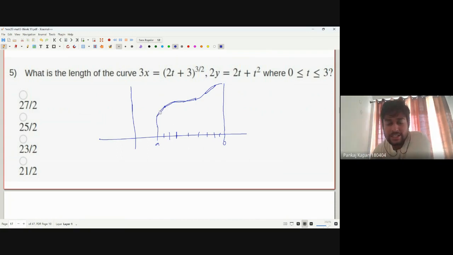So in the limiting case, when you take the norm of your partition to go to 0, so the lengths of these small intervals go to 0, they become very small. These chords are basically approximated by the tangents, right?